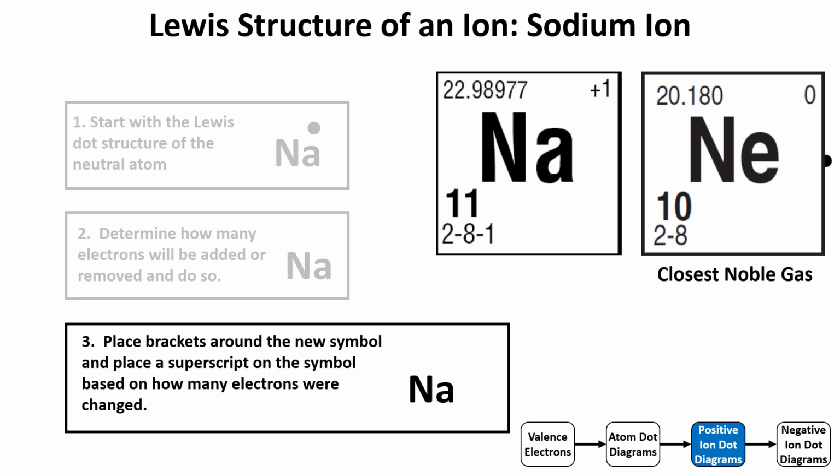Those are the positive things in the atom. But the number of electrons did. 1 electron left, so we have more positive than negatives, and so we put a positive charge on there. If 2 electrons left, we would put a 2+ on the symbol. Okay? And that's how you do a positive ion.